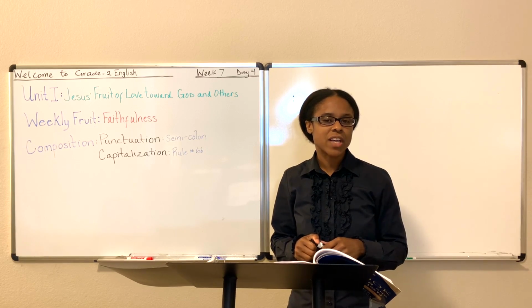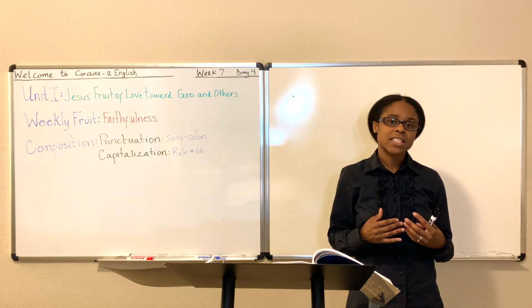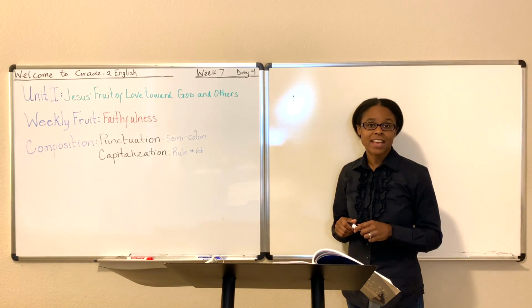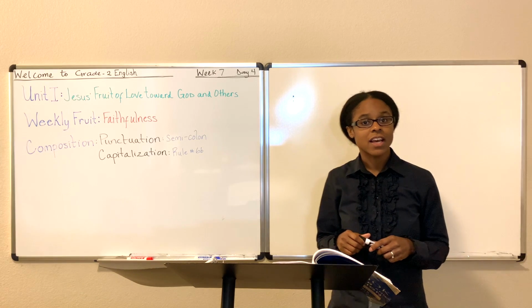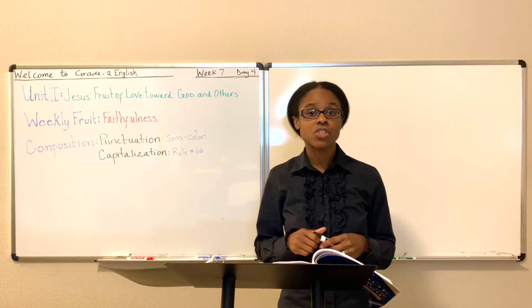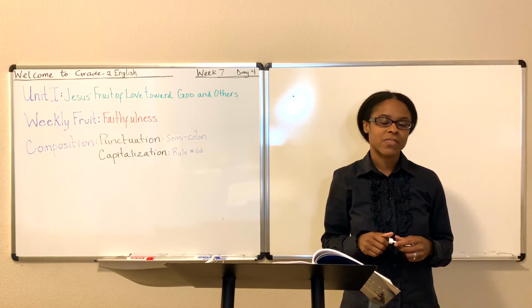So the reason we use commas, as we've learned in the past, is to show a pause. It gives us a chance to pause whenever we're reading. For instance, if I say, I have a cat, a dog, and a mouse, I put a comma after each of these items just to show a pause in between the specific items.